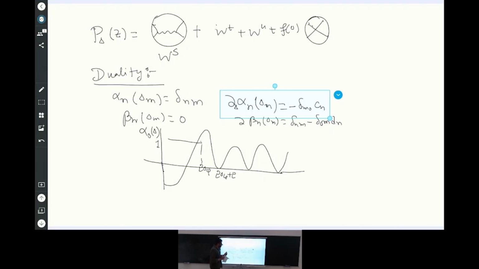Now you can ask what they are good for, whether this property itself has any immediate consequence. Just looking at this functional, you can see that this will give an instant bound. Suppose I say that my first operator appears at 2 delta phi, then I can ask what is the maximum OPE coefficient that this operator can have.